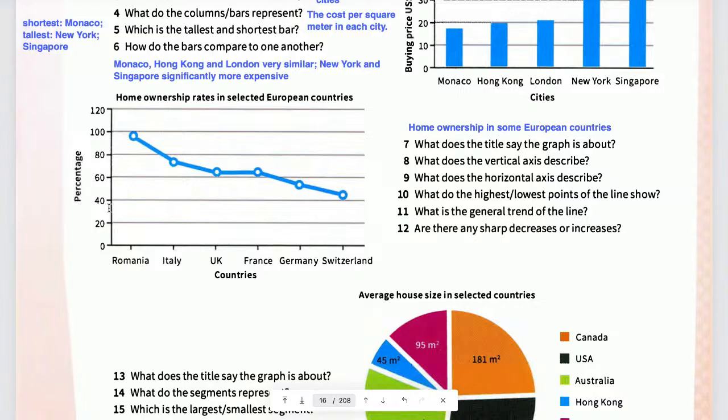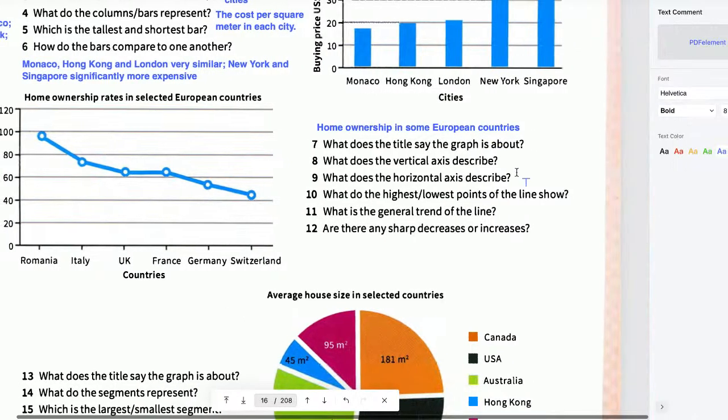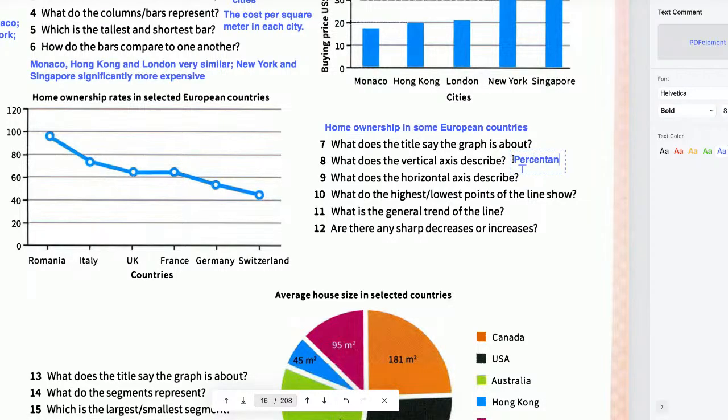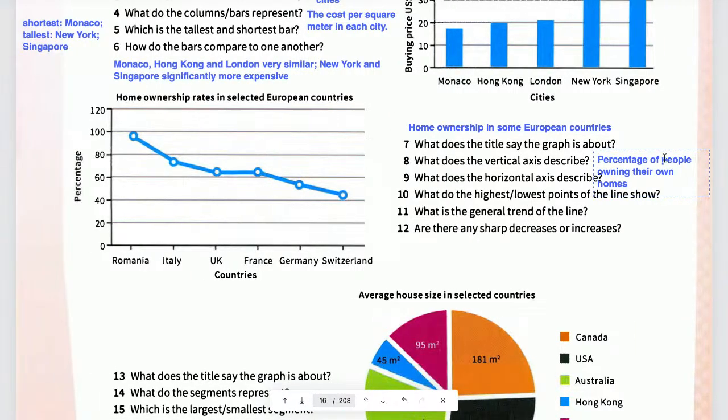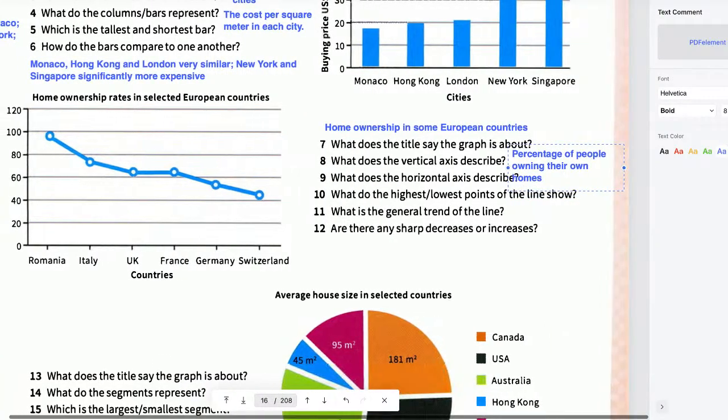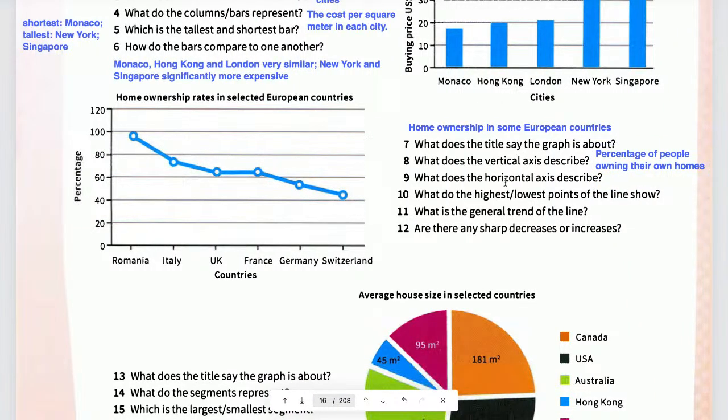So you can say percentage of people owning their own homes. You can write the percentage or percentage here, just make it short.